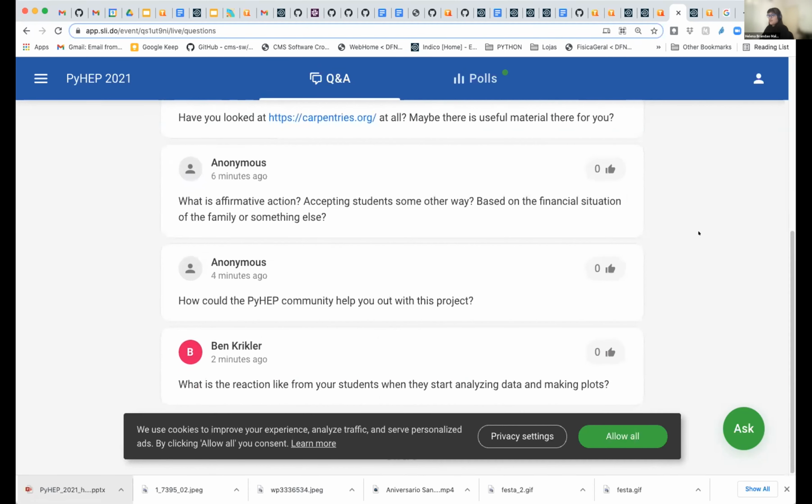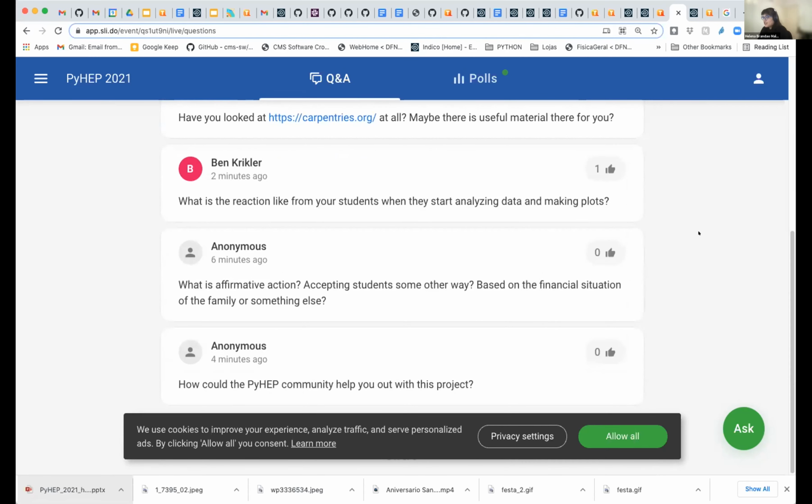What is affirmative action? Accepting students some other way based on the financial situation of the family or something else? So the affirmative action that I mentioned from the state university is that they created quotas for both socio-economic and racial quotas.